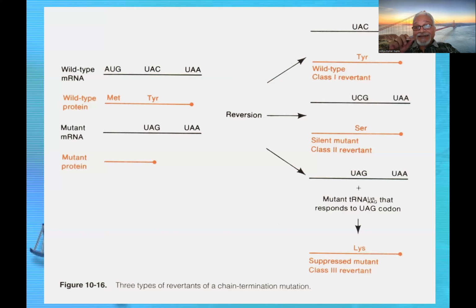Therefore, that tRNA reads this mutated site as the correct codon for lysine, and it adds lysine, and the chain is not terminated. The protein synthesis goes on, and it suppresses the original mutation. The original mutation is there. The only thing is, this is the mRNA. It is reading correctly and putting lysine there. Okay, and the complete protein is synthesized, which is functional.